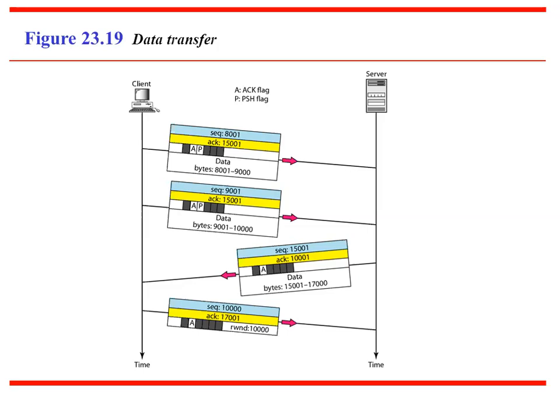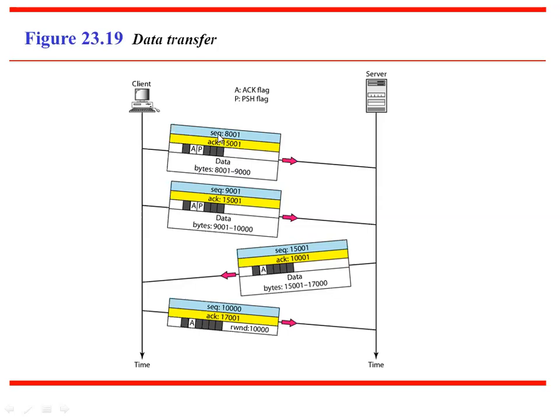Now let us see this using this example. Let us say the client is sending data, which is a stream of bytes, and the first byte number is 8001 and the last byte number is 9000. So it is sending 1000 bytes of data.